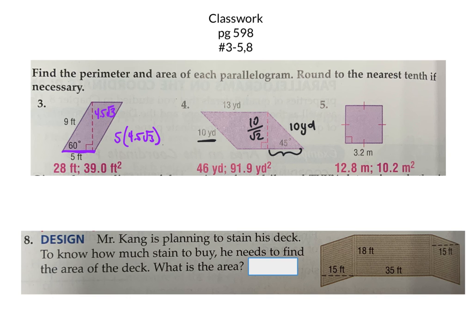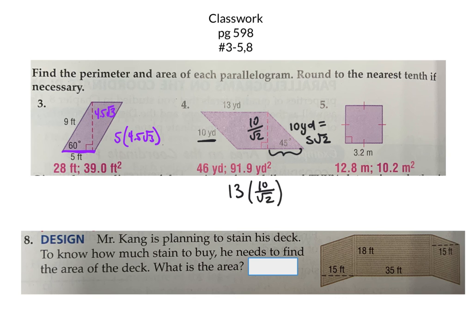So then you're going to say 13 times 10 divided by the square root of 2. That's because if this 10 equals the side times the square root of 2, then in order to find my side, I have to divide by the square root of 2.